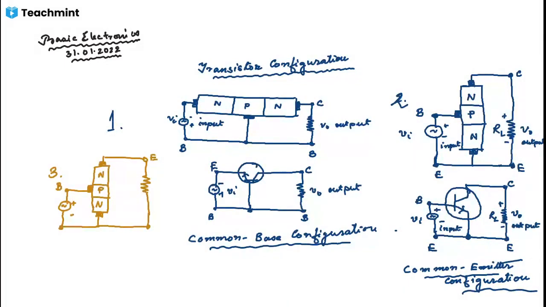This is emitter, this is collector. Okay. This is input, this is Vi. Again, a load resistance is connected. This is VG output.